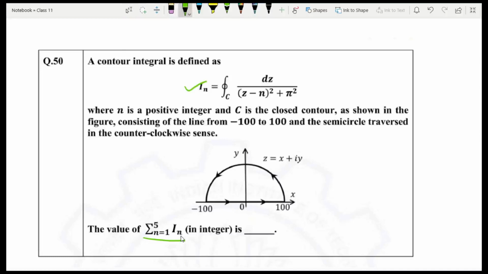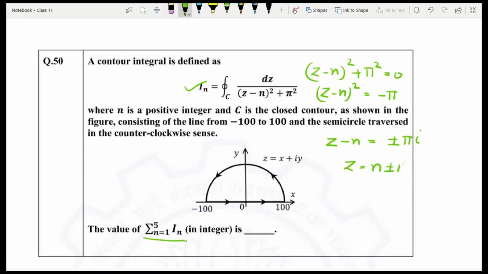First we have to find the poles by equating the denominator to 0. (z minus n) the whole square plus pi square is equal to 0. So (z minus n) the whole square is equal to minus pi square. Taking square root on both sides, z minus n is equal to plus or minus pi i. Therefore, z is equal to n plus or minus pi i.